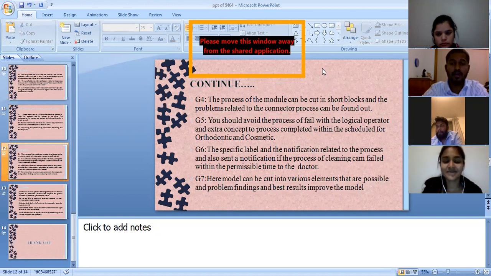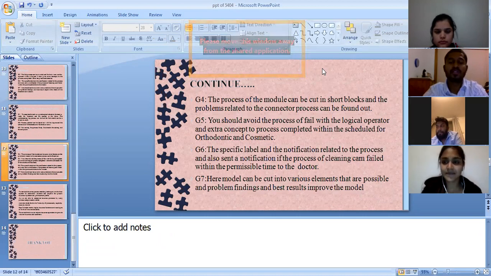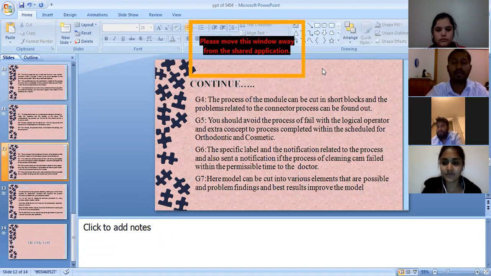As per guideline 5, it says to avoid OR routing elements. When I relate to the case again, it says that to avoid the failing process, the patient should have follow-up treatment appointments.